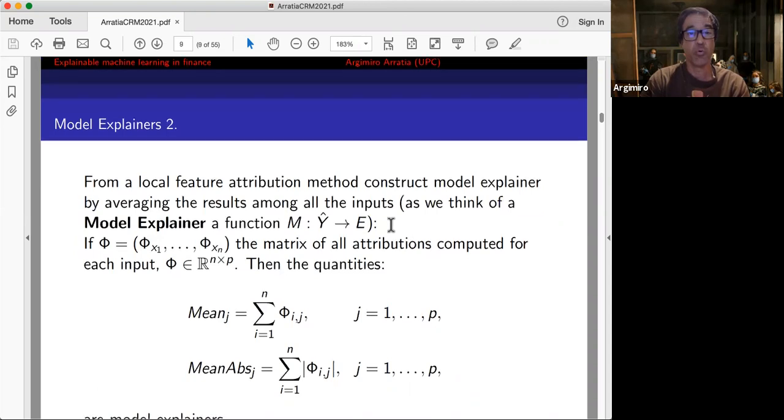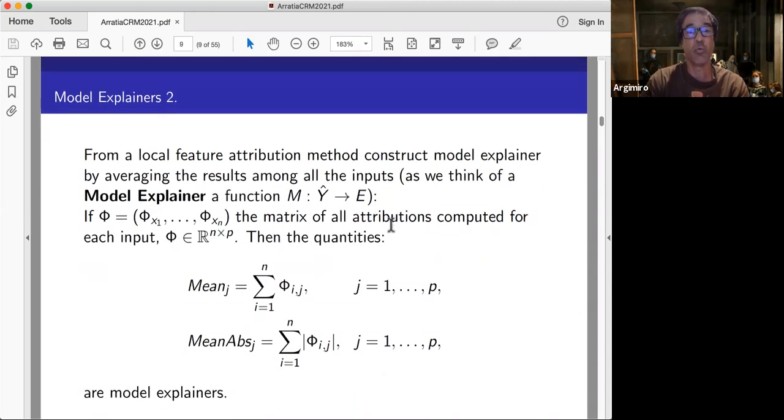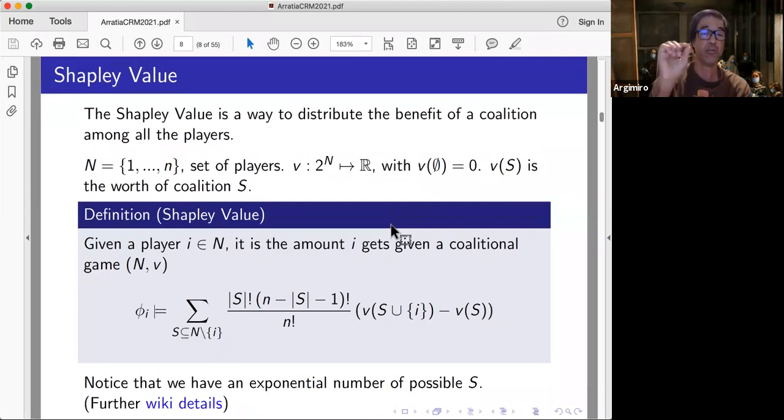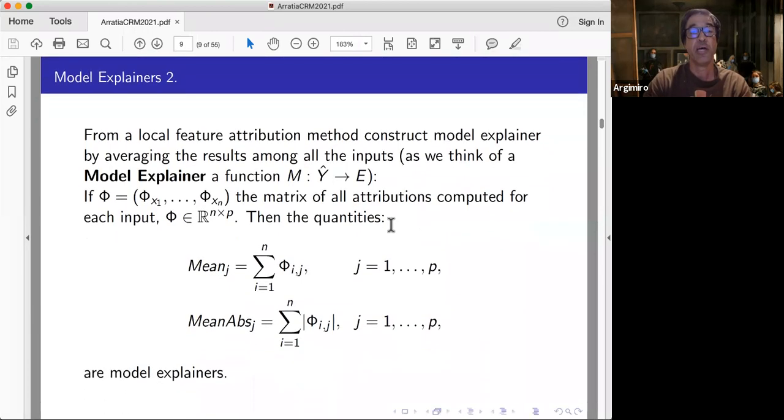Okay, so this is again a point-wise sort of valuation. In order to get a general valuation for the whole model, and construct my model explainer, we look at the mean of all these contributions.